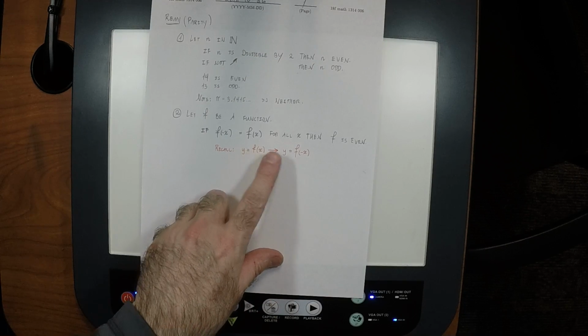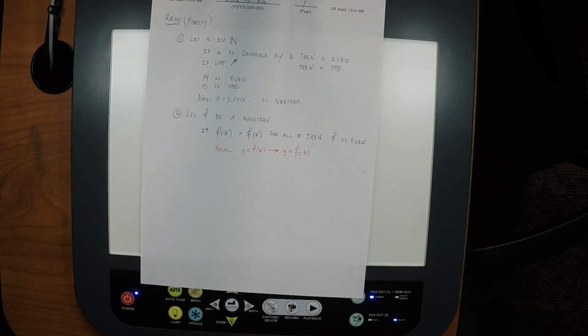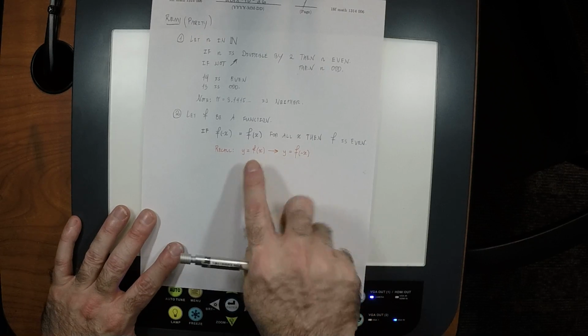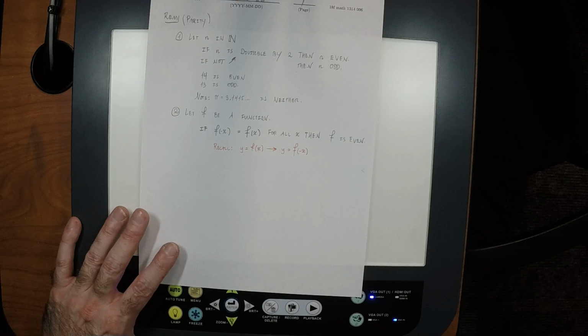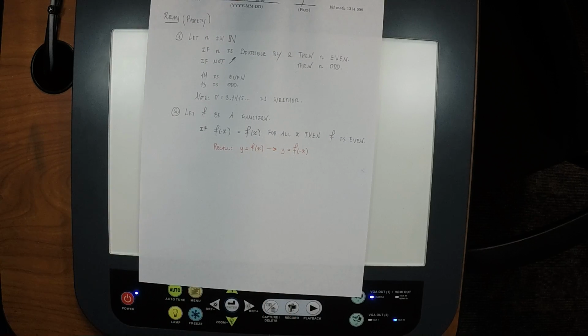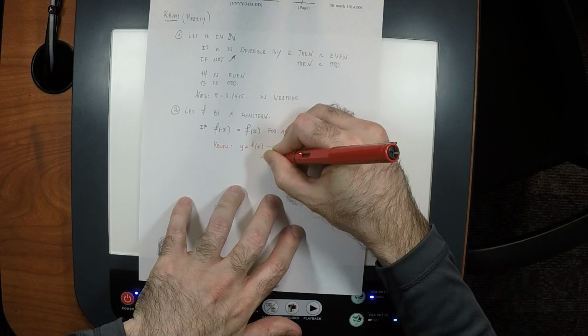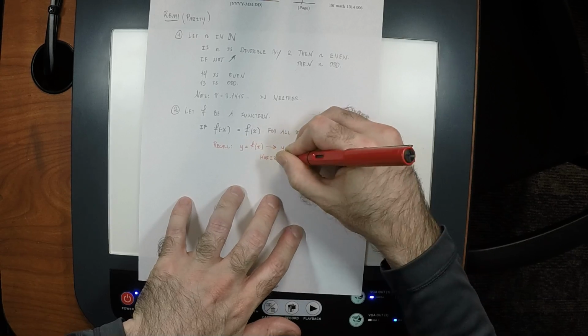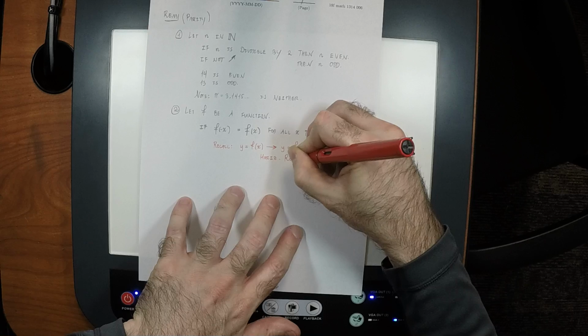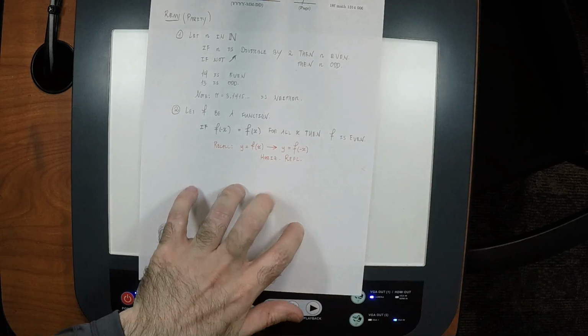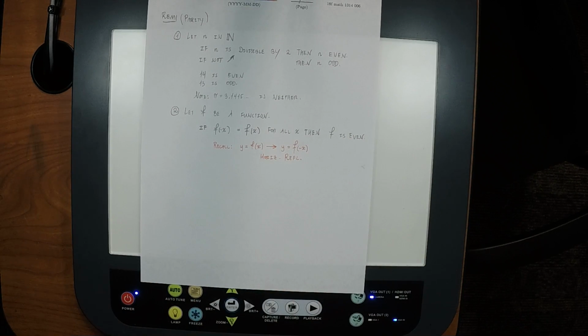You didn't do anything to the y's, so we didn't do a vertical thing, but we did do something to the x's. We negated all the x's. So we must have done a horizontal thing. What horizontal thing did we do? What's the name of that? Starts with an R. That one. So that's a reflection. So this is a horizontal reflection.